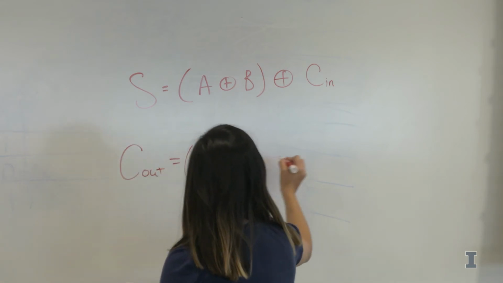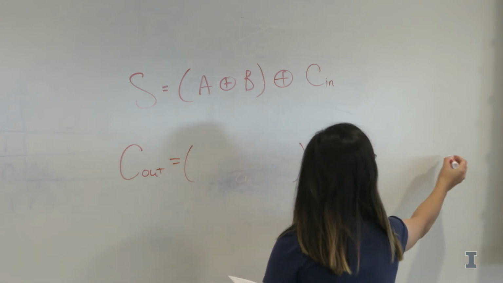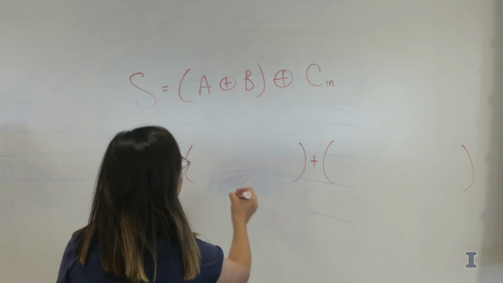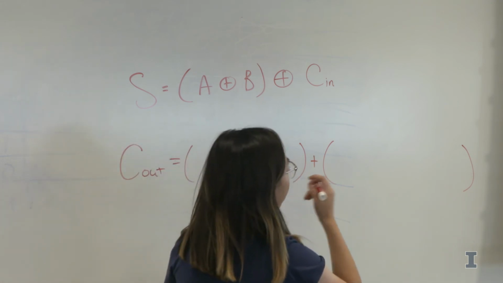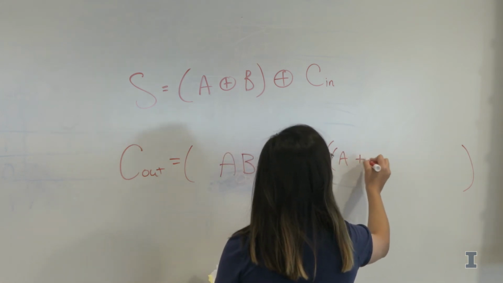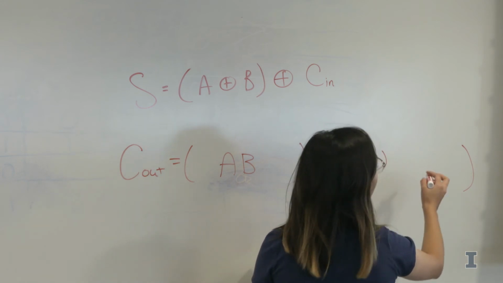We have 2 main parts that are going to go through an OR expression together. So our first part is just going to be A and B. Our second part is going to take our result from that first gate, so A exclusive OR B. It's going to be ANDed with Cin.